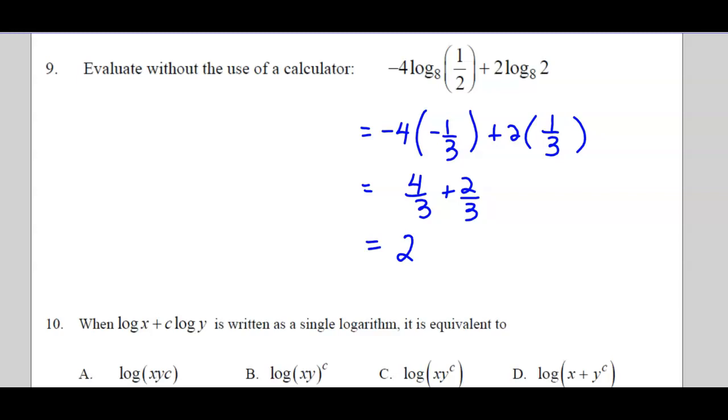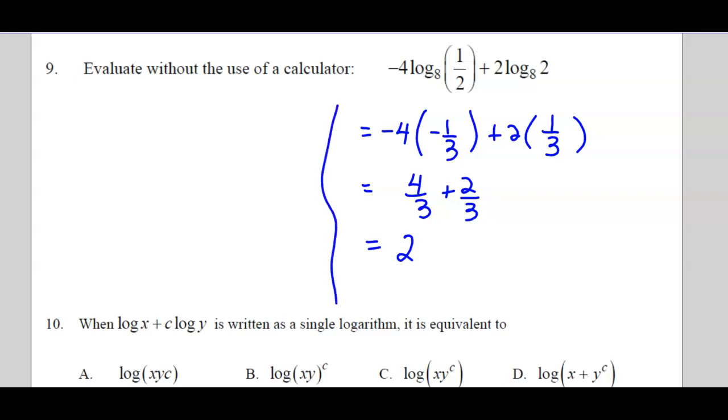Say it louder. If you raise 1 over 2 to the power of negative 4 and raise 3 to the power of 2 and then, yep, that's another method.